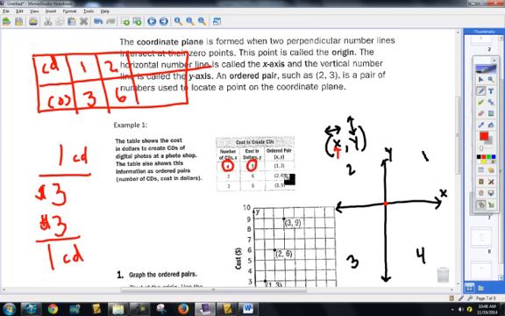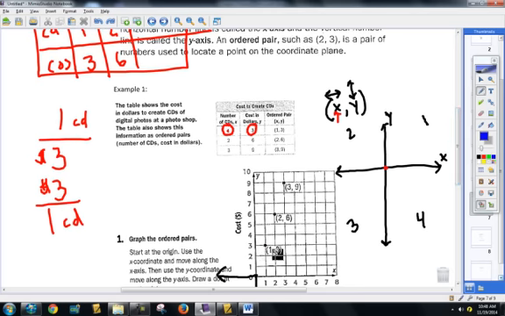Really the biggest thing we're adding to this is the x and the y. The first term in our ratio is the x. The second term is going to be the y. So you can see where this is going. The ratio 1 to 3 is going to be right here, at 1, 3.